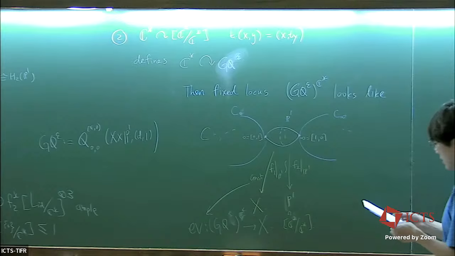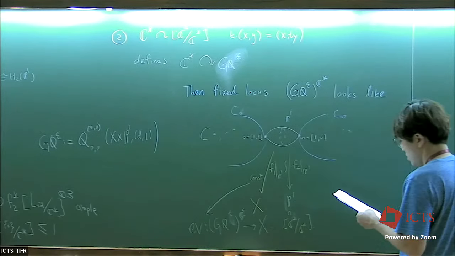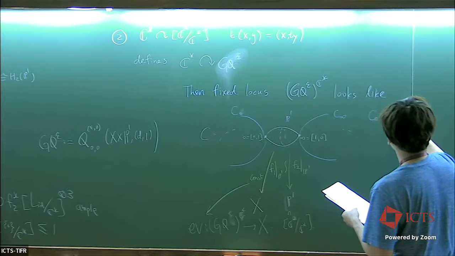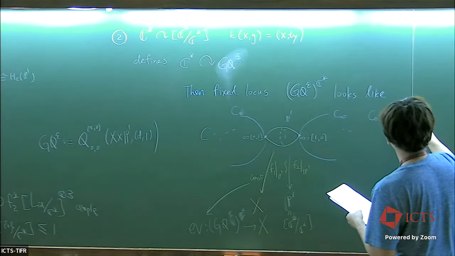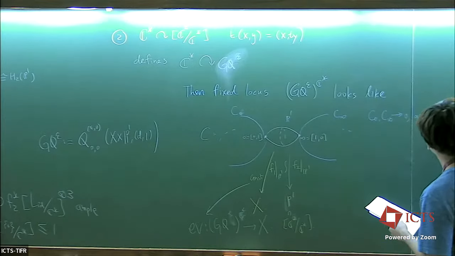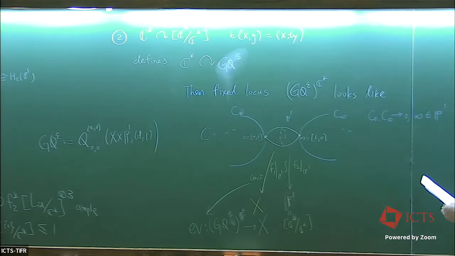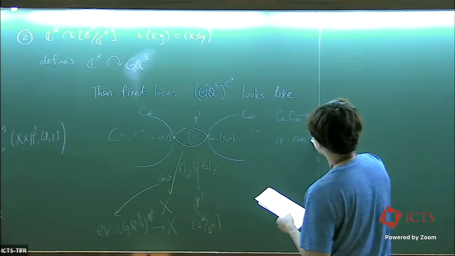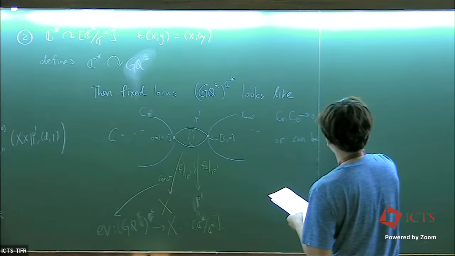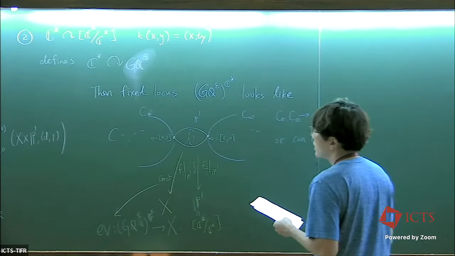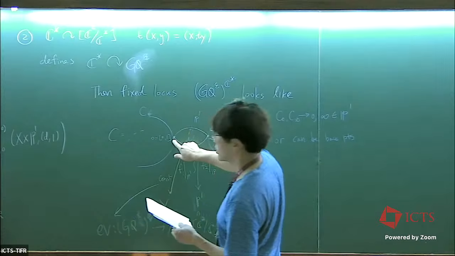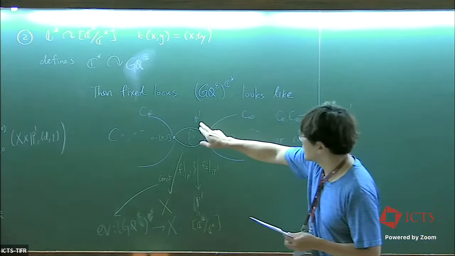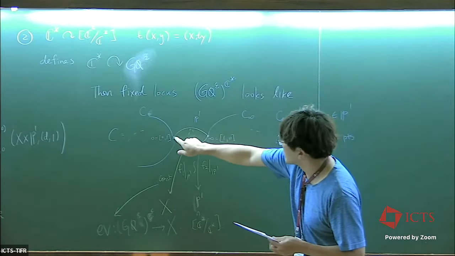On these two components, C0 or C infinity, this maps to 0 or infinity in P1. Or maybe that can be a base point. So you may not have this component attached to 0, and this can be just a point on P1, just a base point.